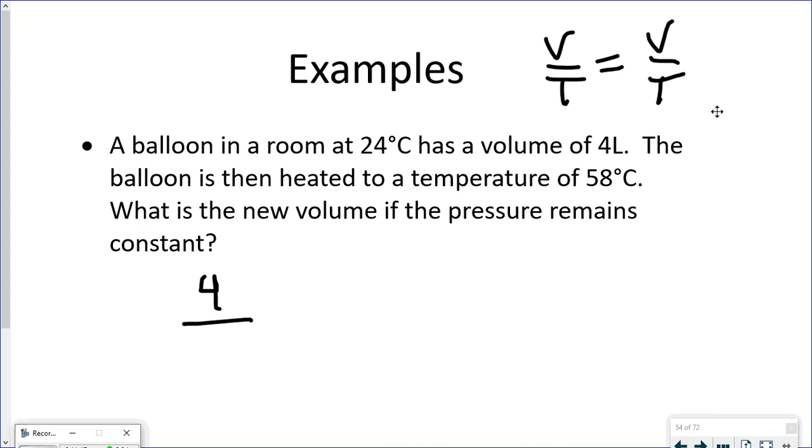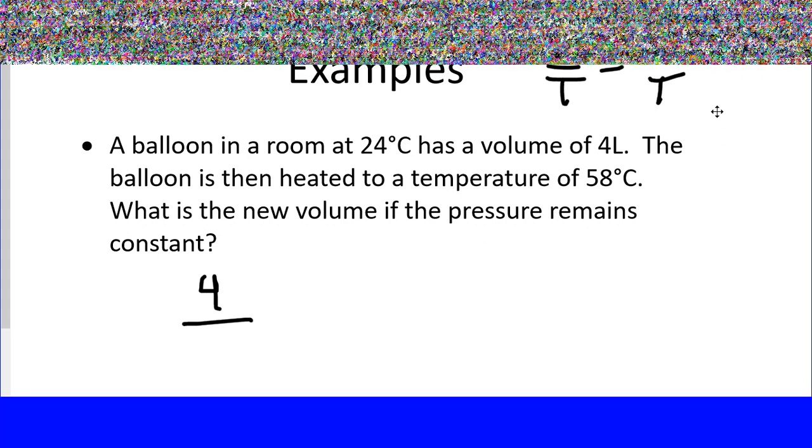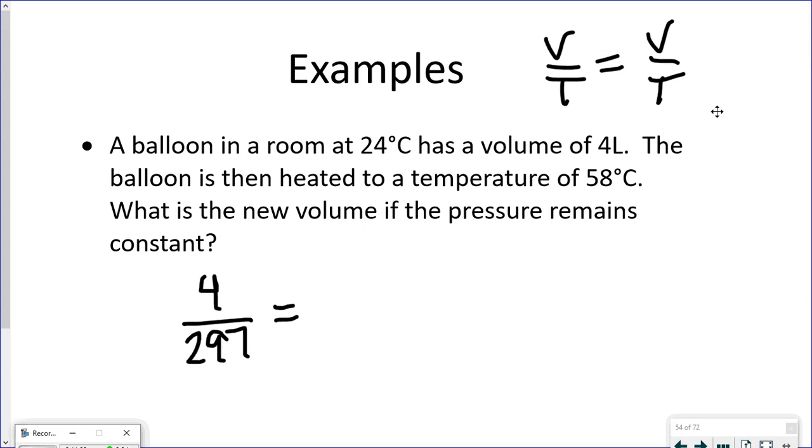So 24 plus 273 is 297. And then we're looking for the new volume when our temperature goes to 58 degrees Celsius. 58 plus 273 is 331.